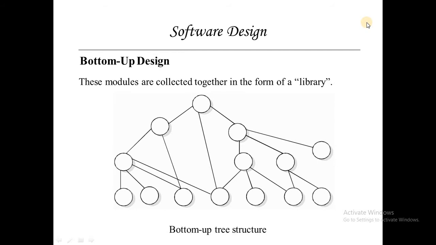So, bottom-up design. In a bottom-up design, when the individual parts of the system exist, when we know the individual parts of the system, we can build the new module or higher level module by linking the individual parts.